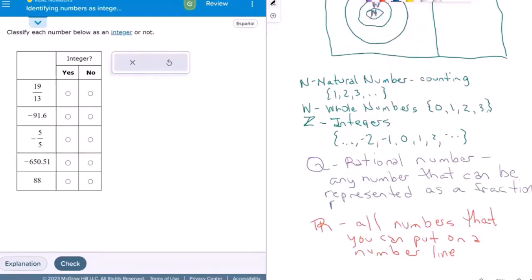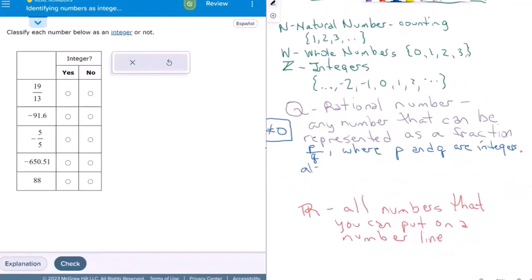We call it P over Q, where P and Q are integers with one exception, and I'll put it over here on the side. The denominator Q cannot be equal to 0. We can never divide by 0.